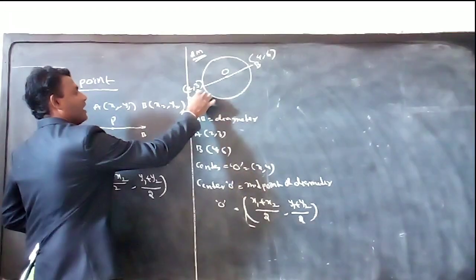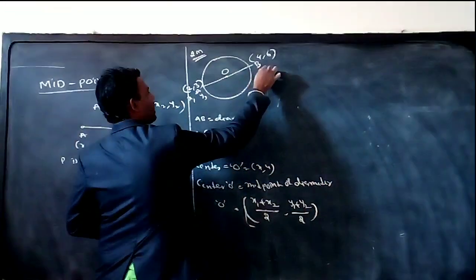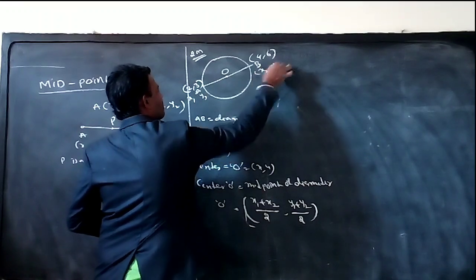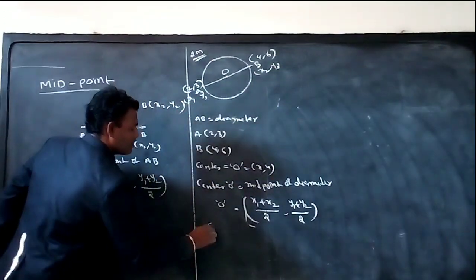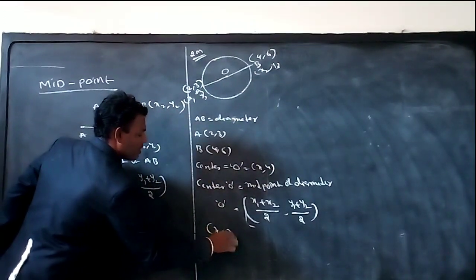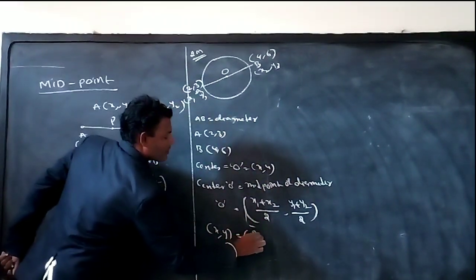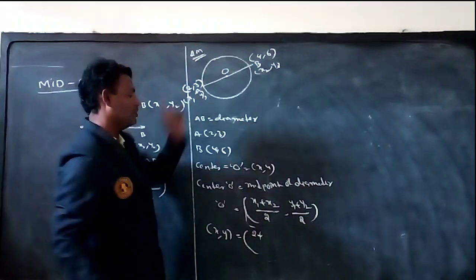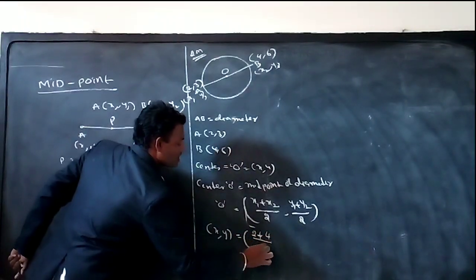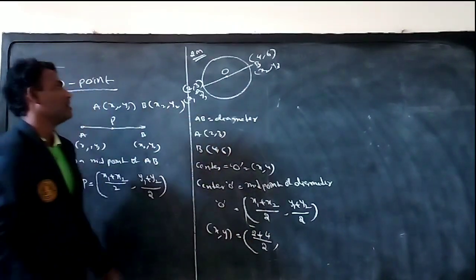Let this one be x1, y1 and this be x2, y2. So apply here. O means x comma y. x1 means 2 plus x2 means 4, so (2 plus 4) by 2.